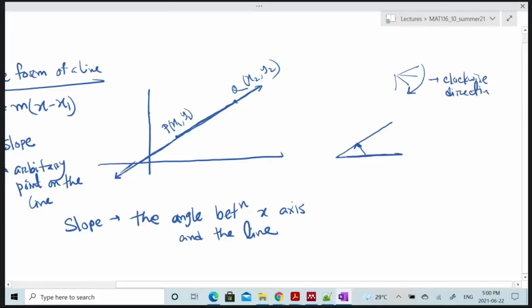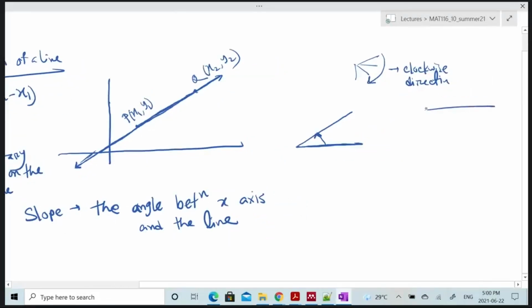If you ever find any angle that you are calculating in clockwise direction, then the angle theta is gonna be negative here. And if you are measuring the angle in anti-clockwise direction, then theta is gonna be positive here.